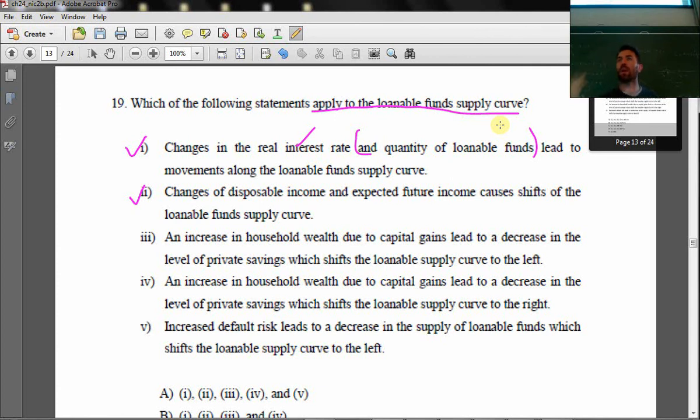If your current wealth goes up, what you tend to do is consume more as a result and save less. You win the lotto today, you don't say, I should save more. You're like, new house, new car, how do I get away from family members, that kind of stuff.